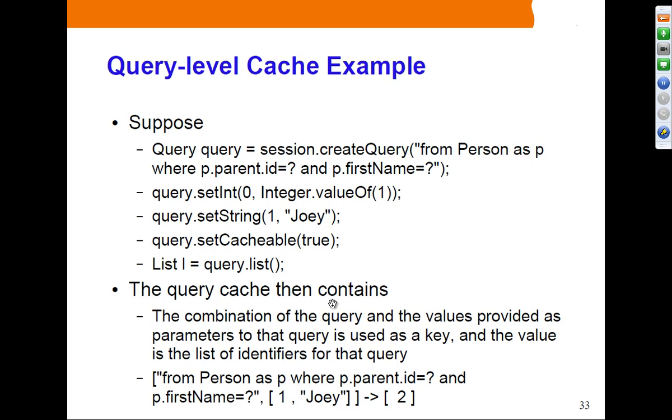The query cache will cache the combination of the query, the values that you specify for these positional parameters, and the result. So basically, it is caching the query and its parameters.